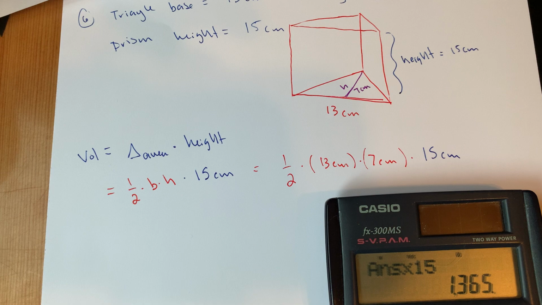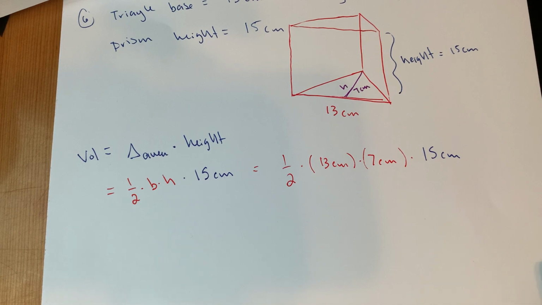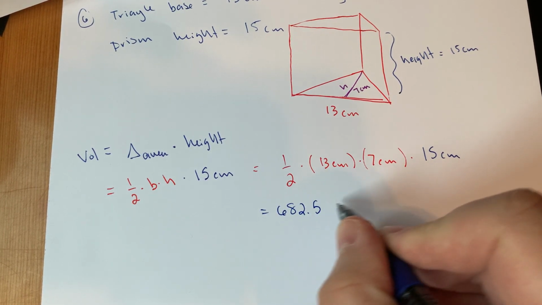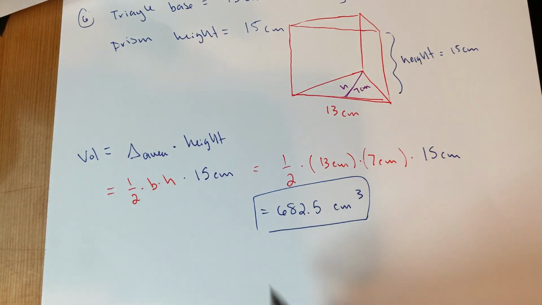And then times 1/2, we can think of this as just dividing by 2. So 682.5. And my units are cubic centimeters, right?